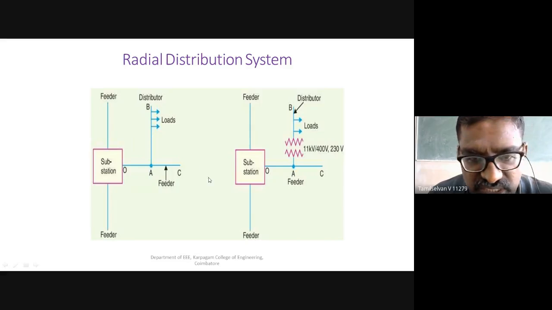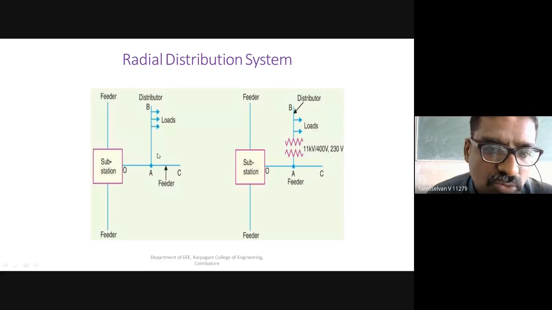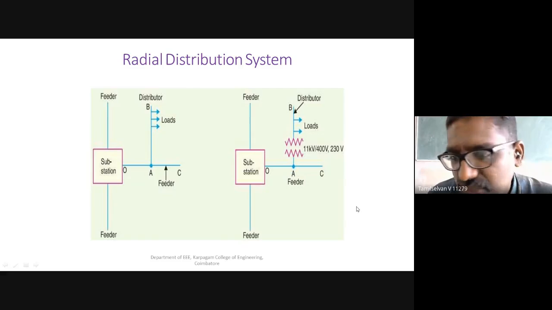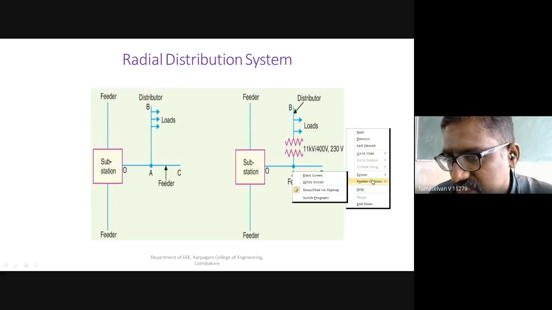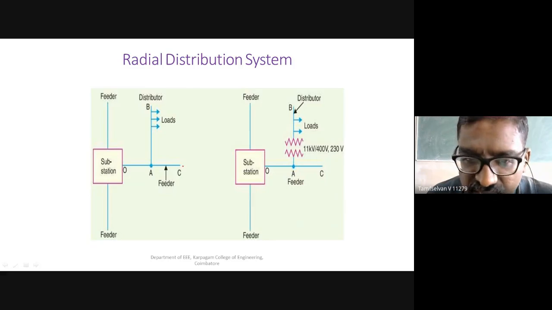This denotes your feeder, and this is one of the distributors. Likewise, we will have other distributors. I can also connect another distributor at this point, where I can tap some loads.